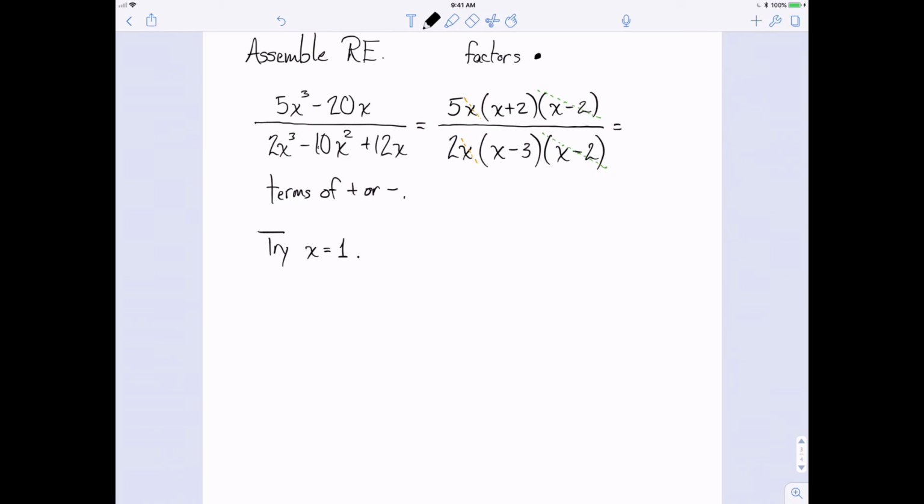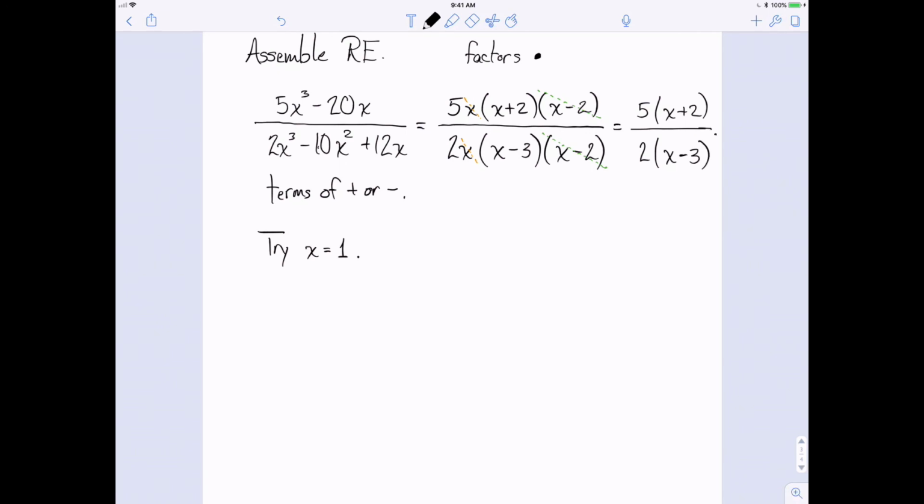The answer is what's left. So I have 5 times x plus 2 over 2 times x minus 3. Oh, no, that's a mistake. Let me fix that. Because I canceled the x, it's 5 times x plus 2, over 2x times x minus 3. And there we have it.